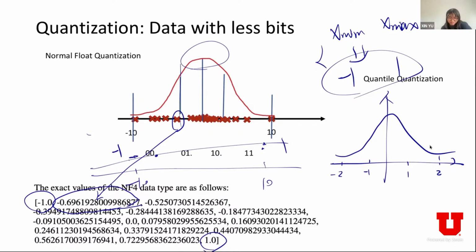Yeah. So actually, it assumes the data follows a normal distribution, and after the linear transformation it can become the standard one, so it doesn't consider the standard deviation of the original data.